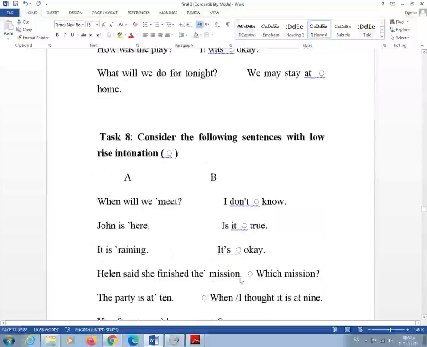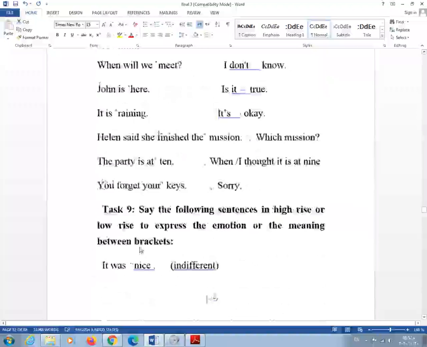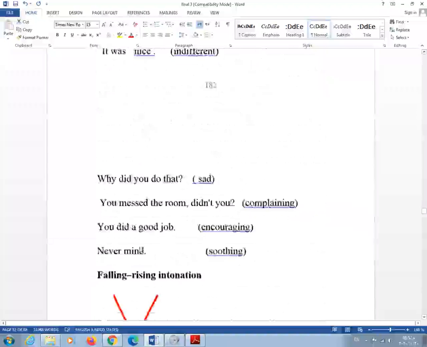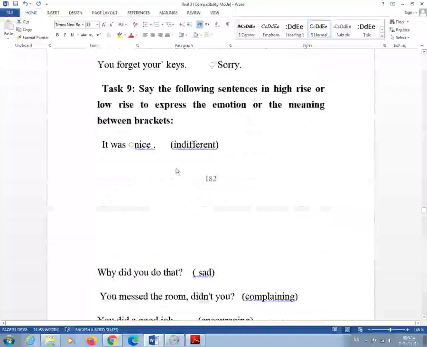Helen said she finished the mission. Which mission? The party is at 10. When? You forgot your keys. Sorry. Okay. Hope that you understand this.